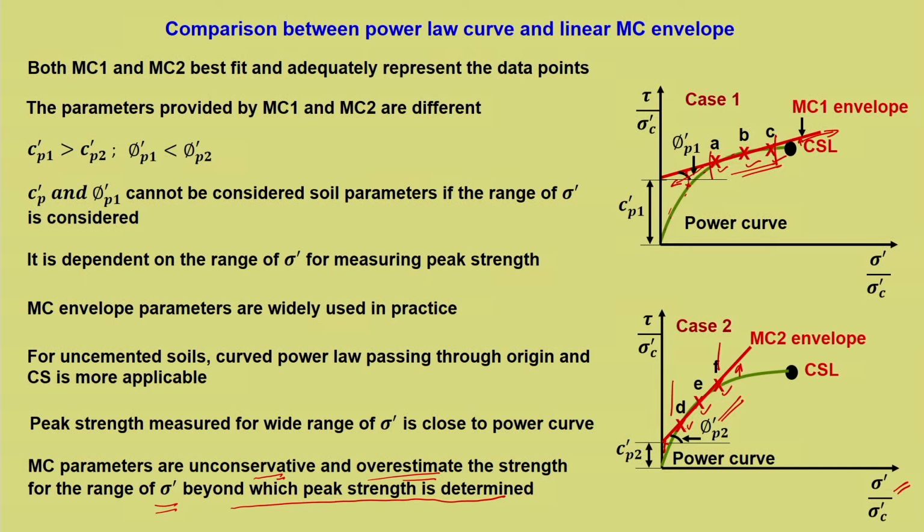For a designer, this is not good. So, for the range for which the sigma dash is determined, if the same confinement is there in the field, then whatever we are telling is correct. That is why we have not discussed these aspects in detail during our UG learning. There it is presumed that the peak strength values we determine correspond to the given confinement in the field.